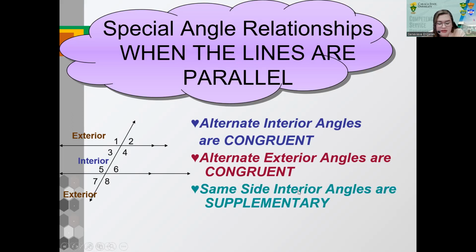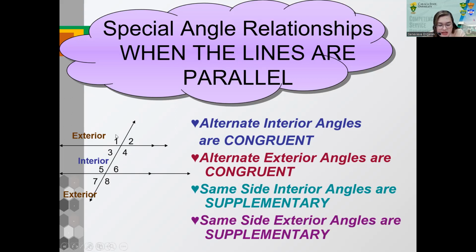So same side interior angles are supplementary. So kana ang interior angles nga same side, so si 3 ug si 5, they are supplementary. Pasabot ang ilang angles, ang sum sa ilang sa measure is equal to 180. Si 4 ug si 6 put, ang sum dapat ani is equal to 180. The same for the exterior angles. Same side exterior angles are supplementary.